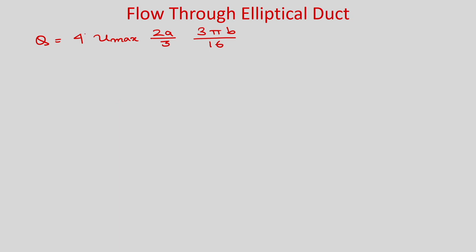So, you can see 4 will become 4, this 2 will become 2, this 3 will get cancelled. So, Q will be pi by 2 u max a b.